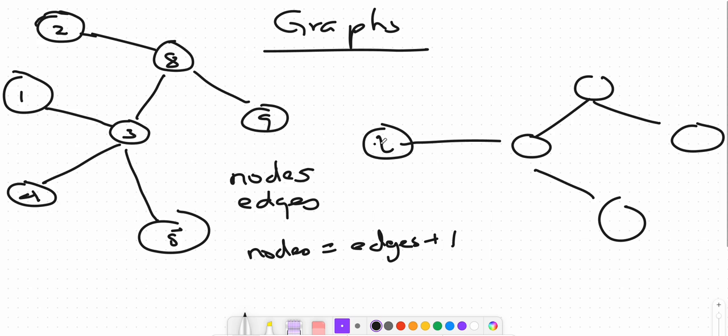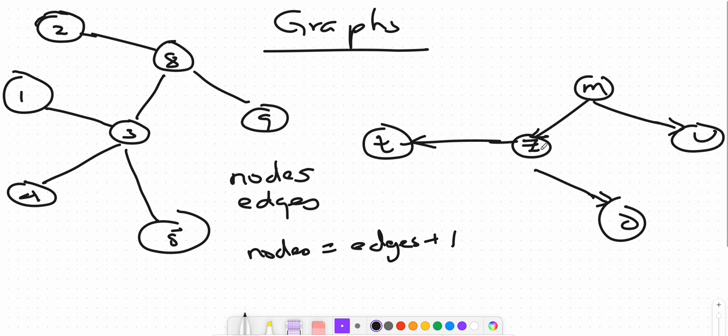Right, with T, Z, M, V, O. But here you see direction. We have a kind of graph data structure that is directed, which means Z can go to T. M can go to T, with one direction each: M to Z, M to U, Z to O, right?